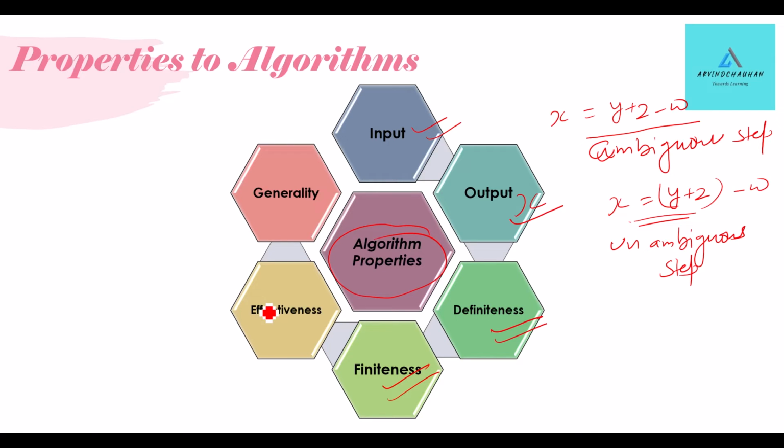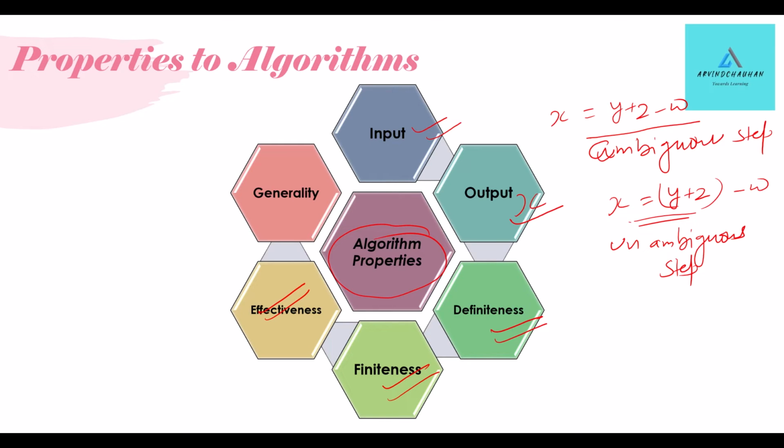And the next is effectiveness. Effectiveness means it must be possible to perform each step of an algorithm exactly and in a finite amount of time. As I told earlier, finiteness means our algorithm should have a finite number of steps, right? What effectiveness means is that steps should be executable in a finite amount of time.